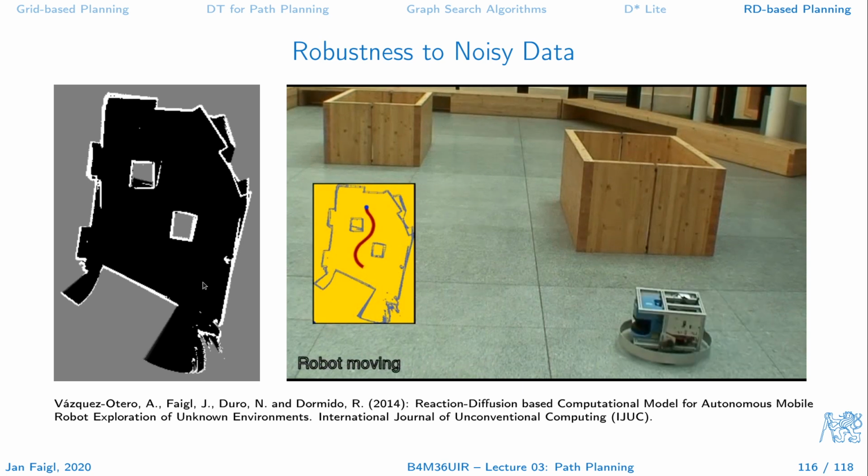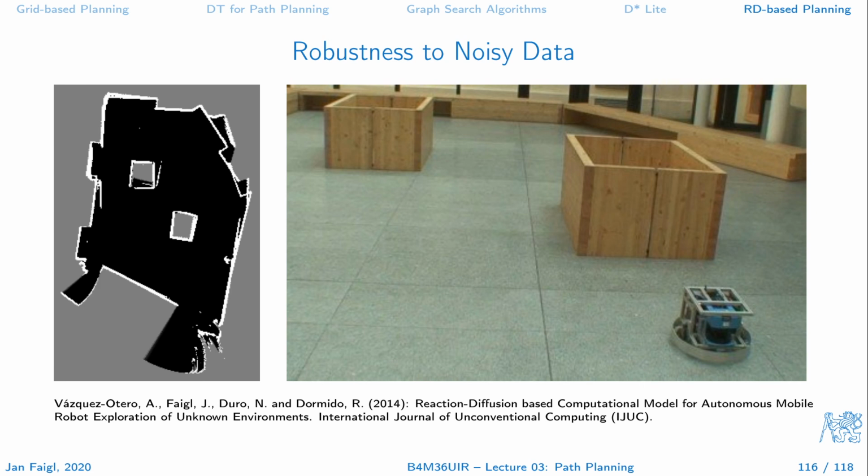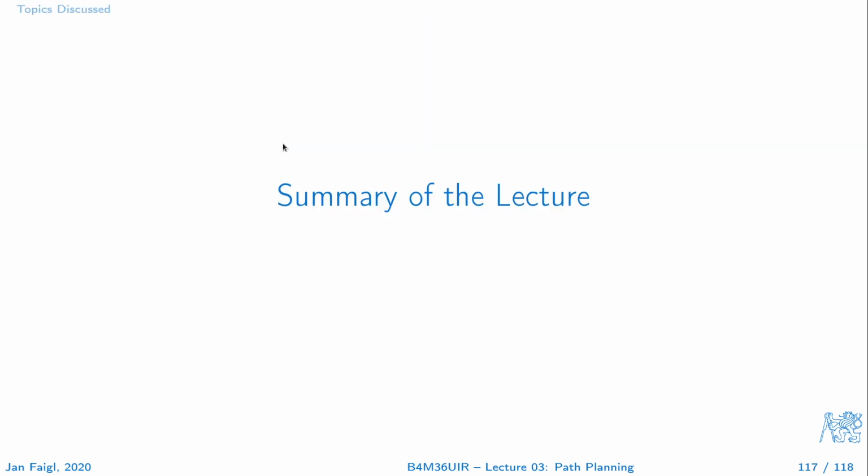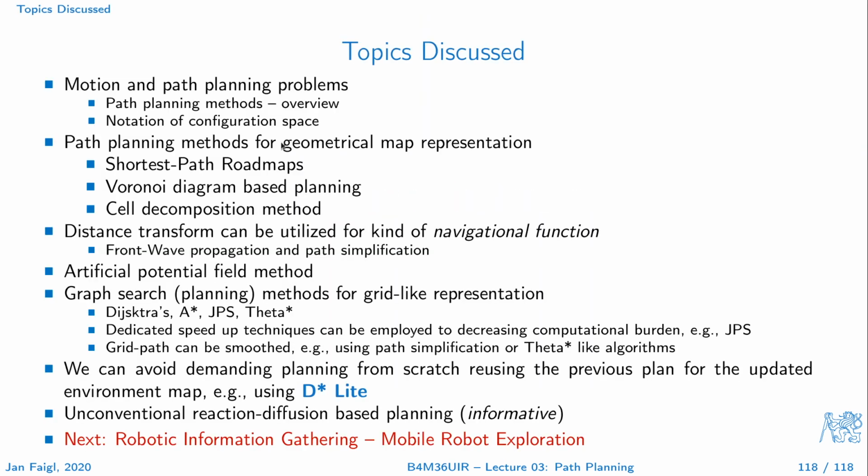If you try to use other methods like distance transform with this noise, you can post-process the grid map, or you can actually apply the reaction diffusion planner. So this is just to show that there can be multiple approaches, and even very unconventional and weird methods may provide some benefits. So let's summarize the lecture on path planning.